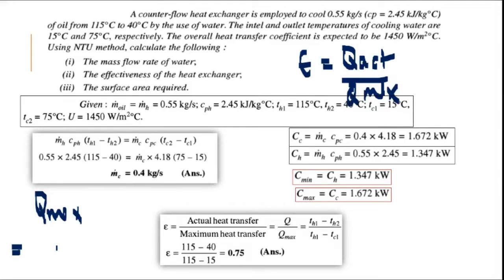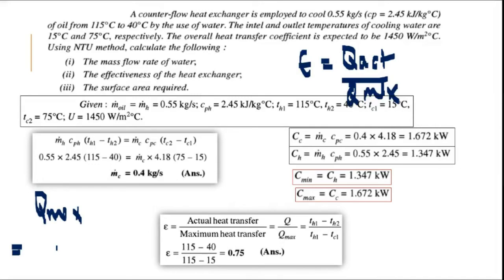Maximum rate of heat transfer, will it be for maximum temperature difference? Yes, sir. What is the maximum temperature difference which we can get? TH1 is a single temperature. I am talking about temperature difference.